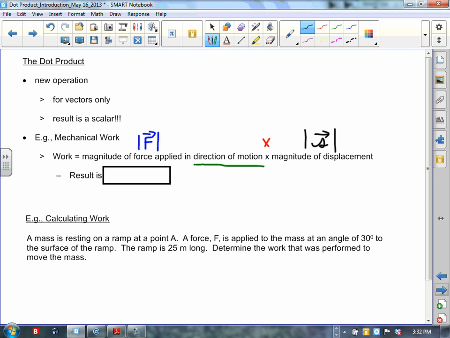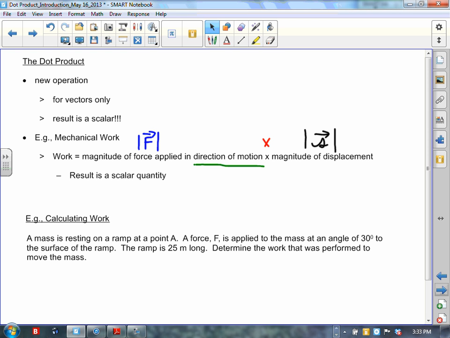Displacement is denoted as S, so the magnitude of vector S will give us the magnitude of displacement. The result is, wait for it, a scalar quantity, which makes sense, right? How much work did you do? There must be a numerical value that represents the amount of work that was done.